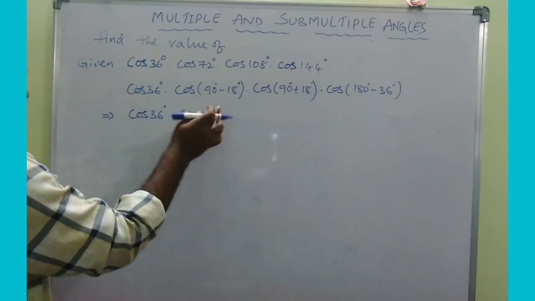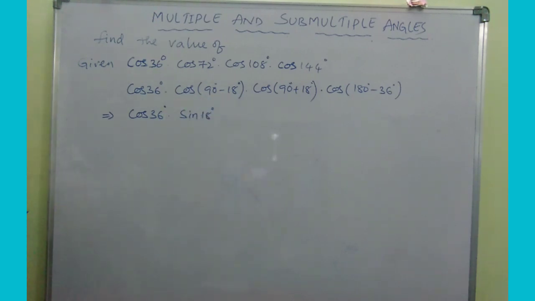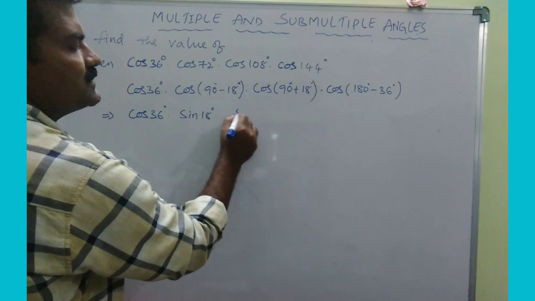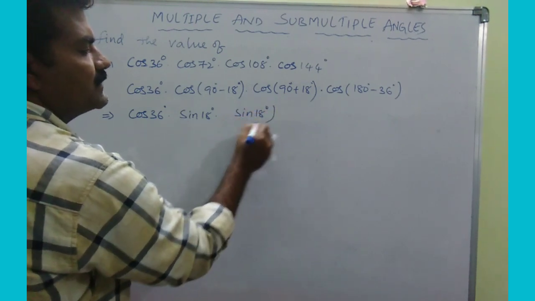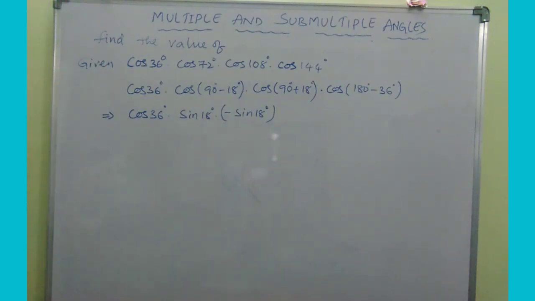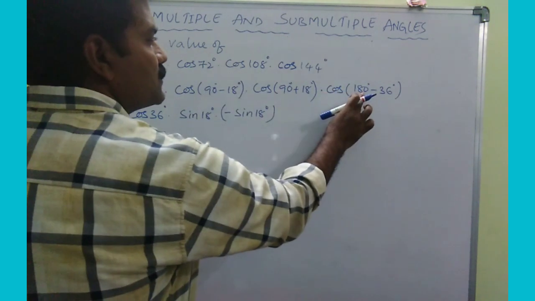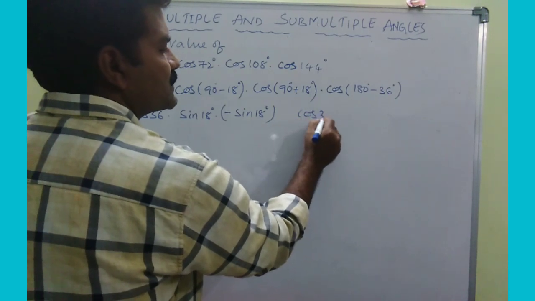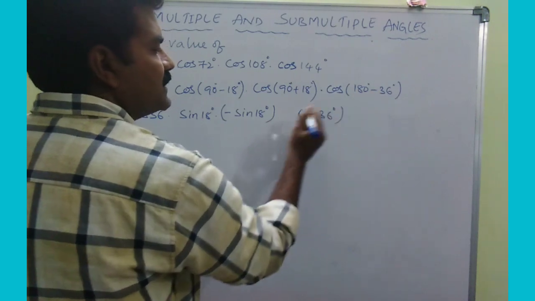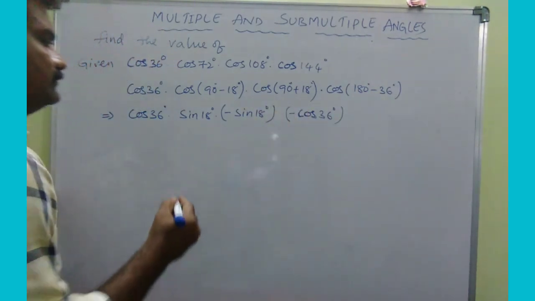Of course, which is positive only, because 90 minus theta, first quadrant positive. And coming to here, because of 90, now this is equal to sine 18 degrees. But you know, this is minus, because 90 plus theta is the second quadrant. In second quadrant, cos is negative. And what about last? Because of 180, cos remains as cos 36 itself. But you know, cos 180 minus theta, second quadrant, here it is negative.